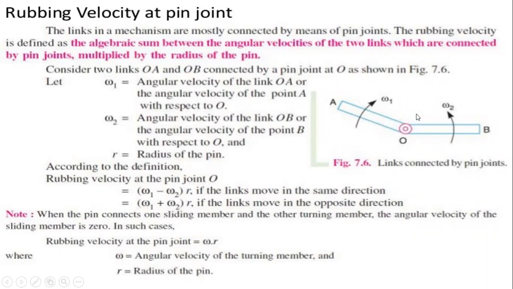So for the opposite direction we take the positive sign, and for the same direction we take the negative sign. So that is the difference. Omega 1 minus omega 2 is taken for the same direction, and omega 1 plus omega 2 is taken for the opposite direction.